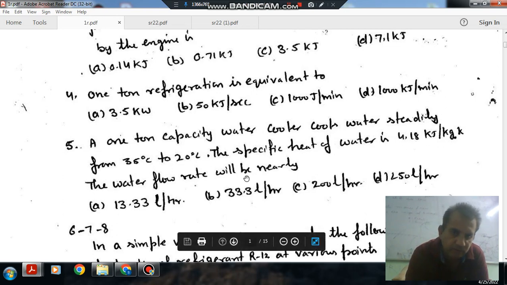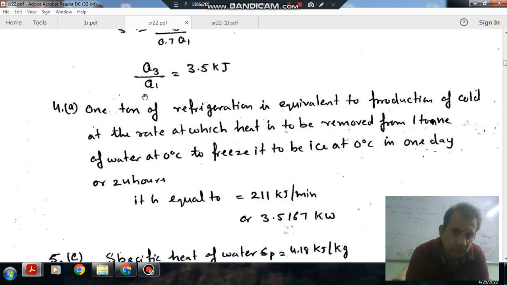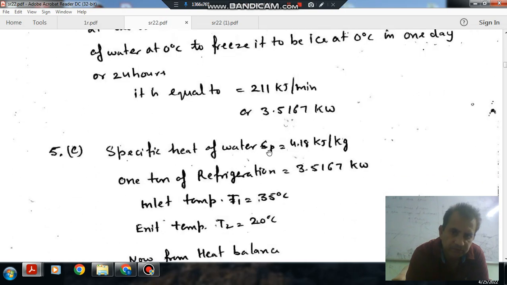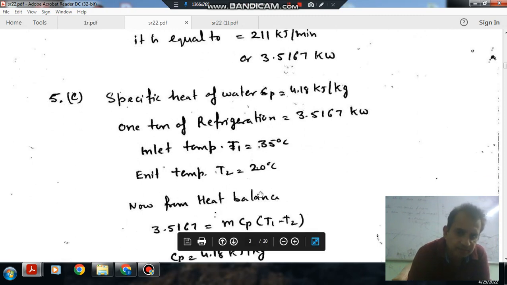The water flow rate will be nearly: option A 13.33 liter per hour, B 33.3 liter per hour, C 400 liter per hour, and D 250 liter per hour. The specific heat of water is 4.18 kilojoule per kilogram, and 1 ton of refrigeration is 3.5 kilowatt. The inlet temperature is 35 and the exit temperature is 20.